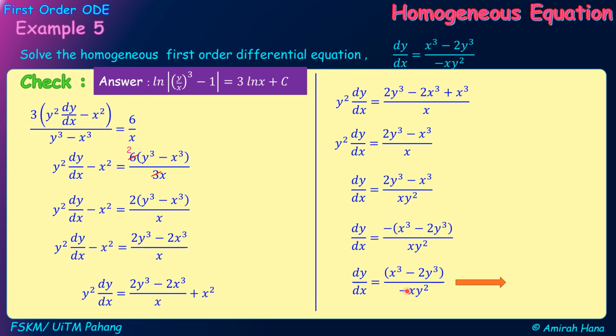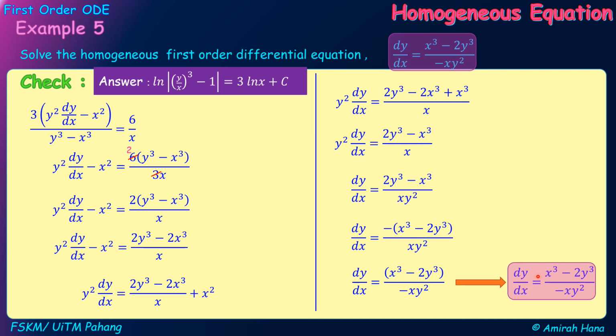So from here, we also can eliminate the bracket. So we can write dy over dx equals x cubed minus 2y cubed over negative x y squared. And then we compare back with the given question.